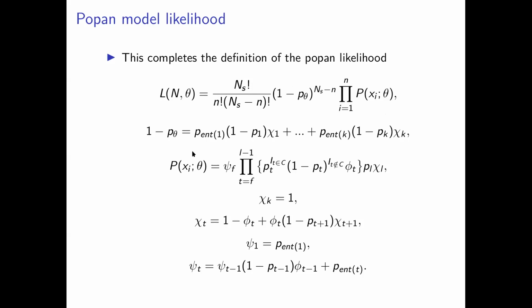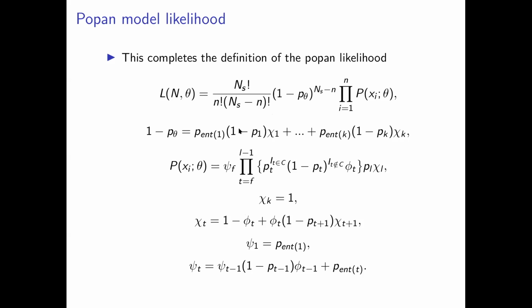We have our capture history probabilities in terms of psi, chi, and the capture probabilities and the survival probability. And we have our recurrence relations for chi and psi. So it's a pretty complicated model, as you can see. And I think this is probably enough for this section of the lecture.